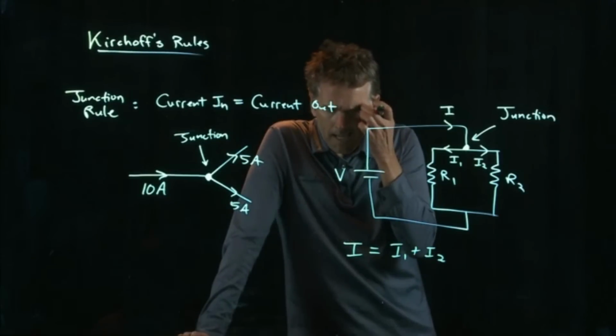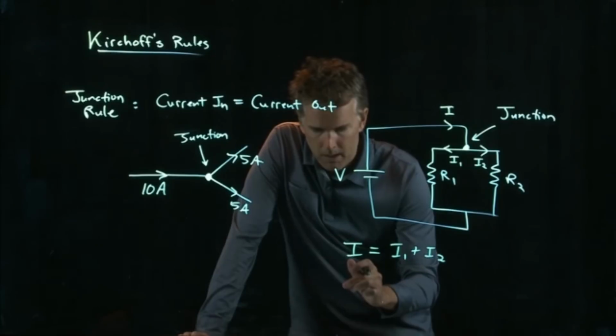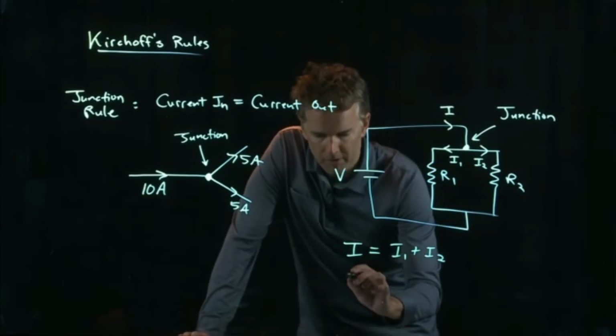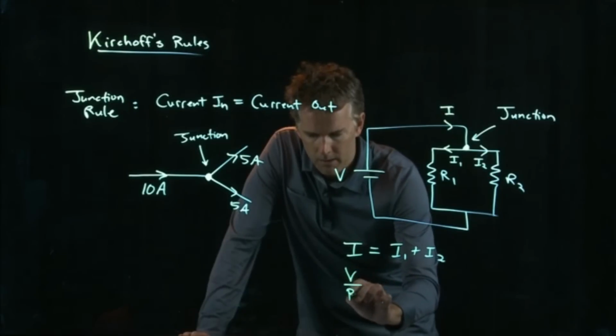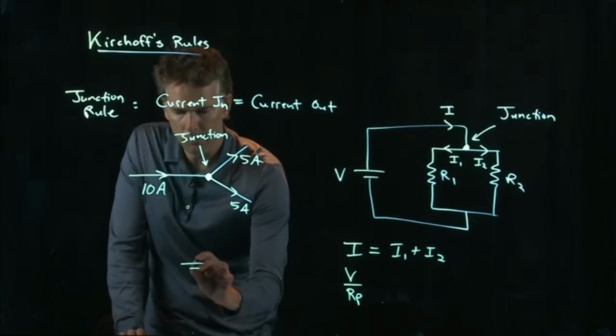But we know what I is. I is the same as voltage over equivalent resistance of the whole thing, which is R parallel. Because that circuit we can draw like this.